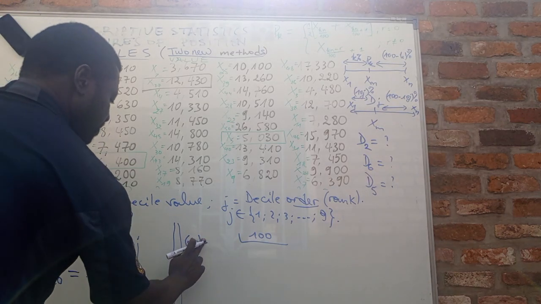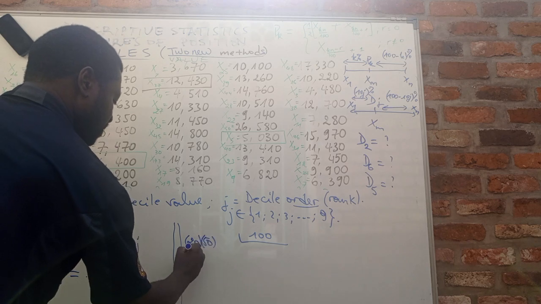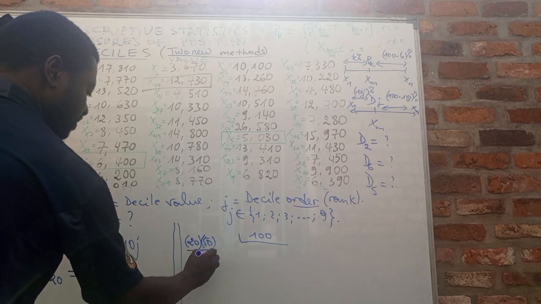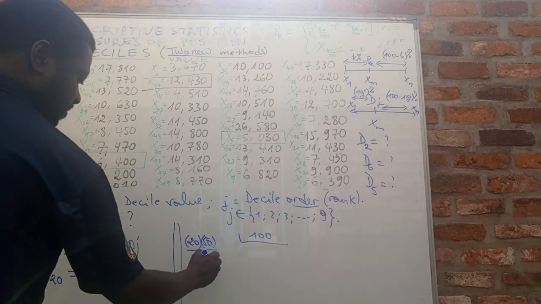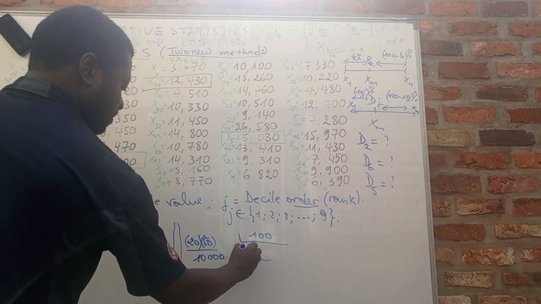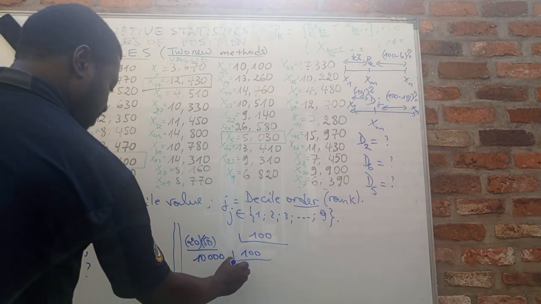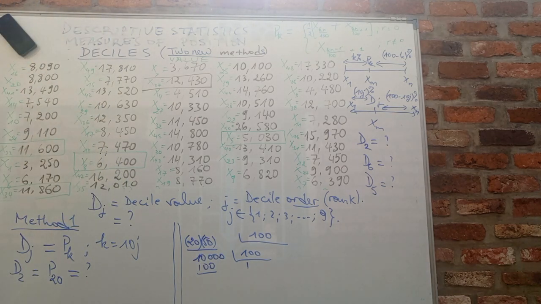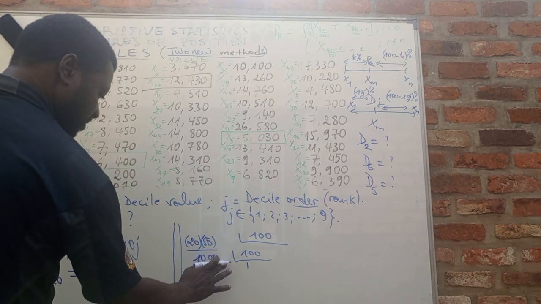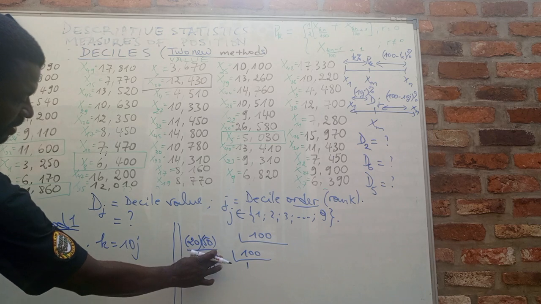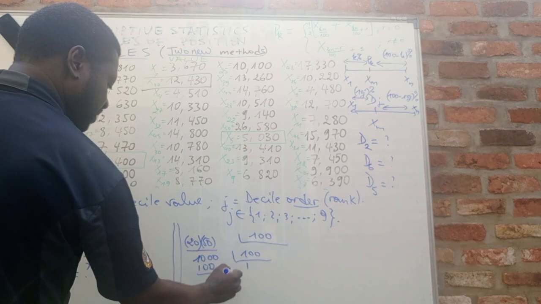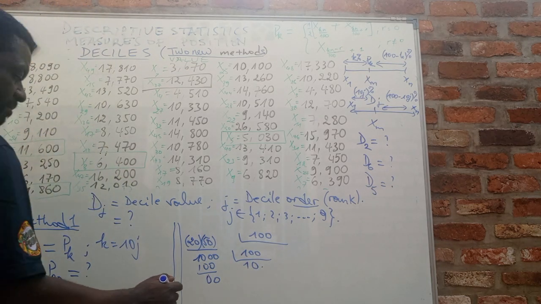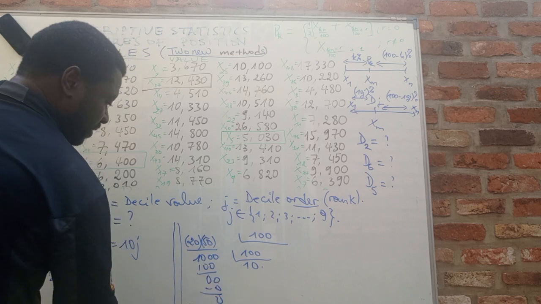So 20 times 50 is 1,000, and we divide by 100. So it is equal to 10, and the remainder is equal to 0.